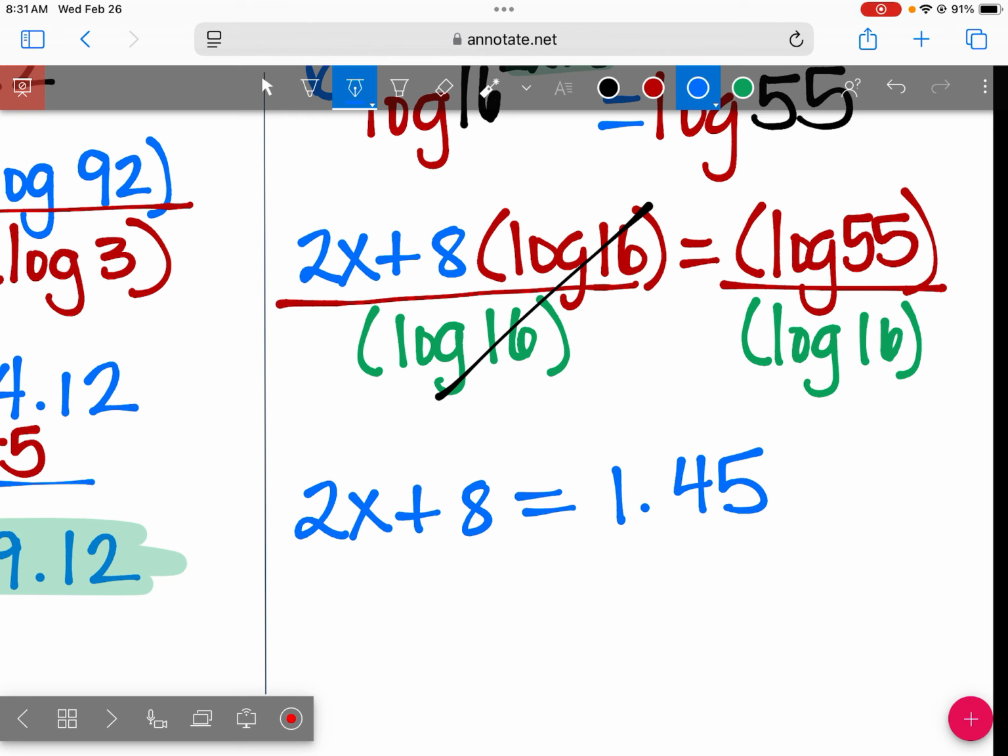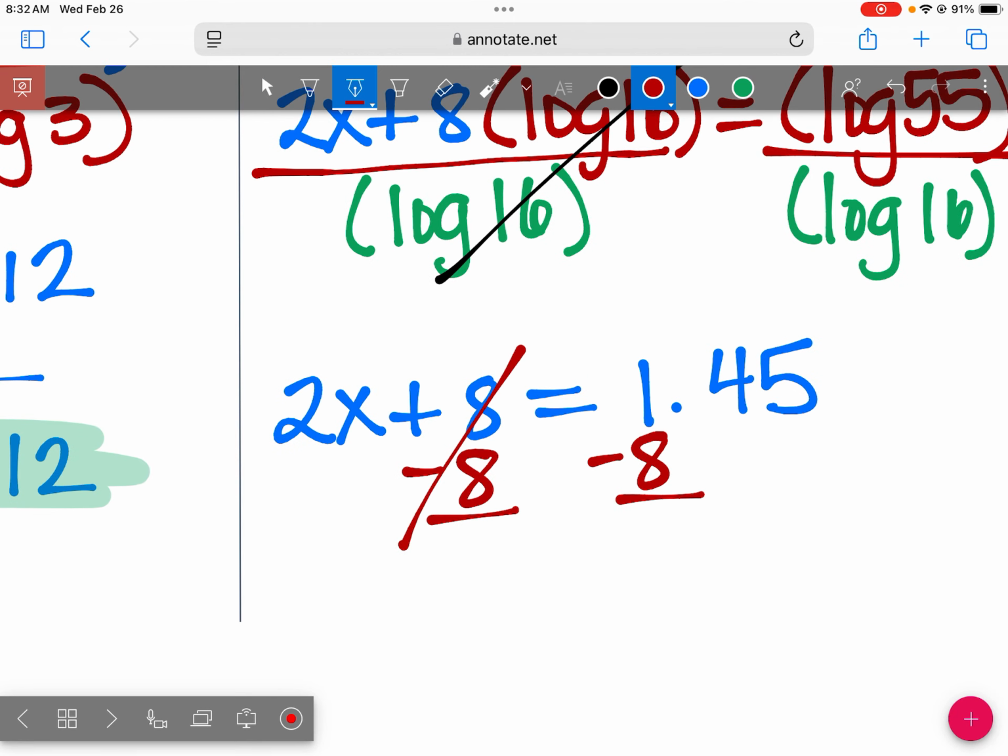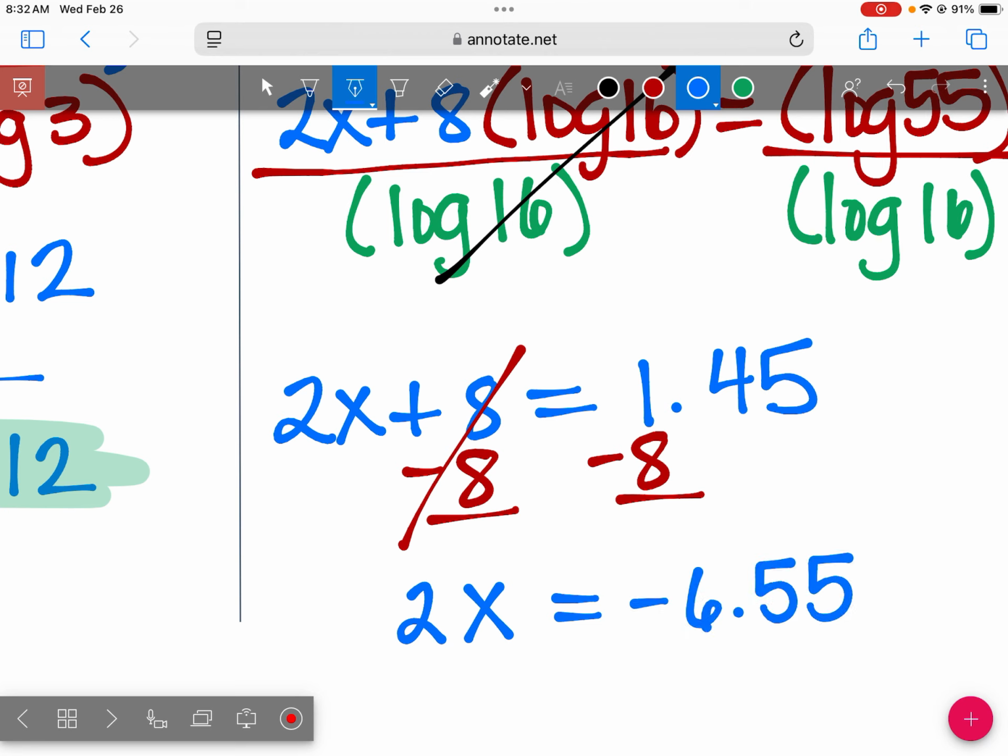All right, 2 more steps. Now we have to get rid of the plus 8. What's the opposite of adding 8? Subtract the 8. Yeah, so let's subtract 8 on both sides. And you should get negative 6.55. Almost there.